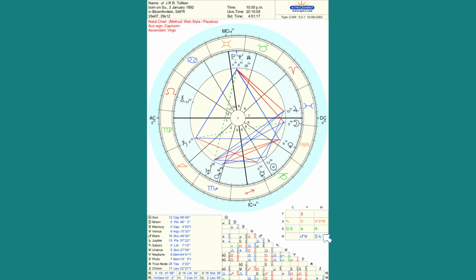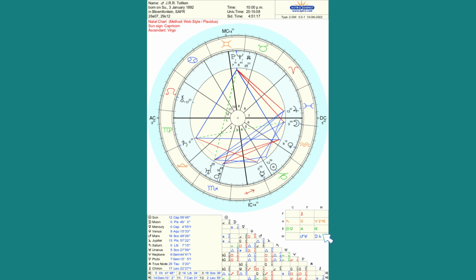At the top, these are the modalities. So you have the C that stands for cardinal, the F stands for fixed, and the M stands for mutable. And again, we won't go into what this stuff means right now because that's a lot.